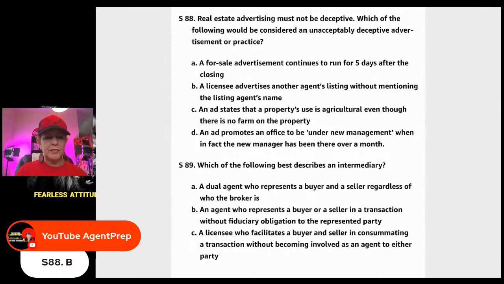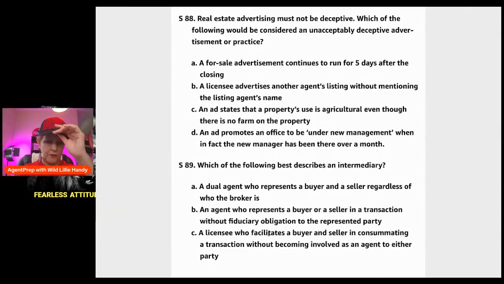Property for sale ads must be discontinued after 10 days. If the property sale is closed or the listing terminates, then there is no deception in the ad. Agriculture used in the fact of zoning is agriculture, whether a farm exists or not. So that was for the other answers.